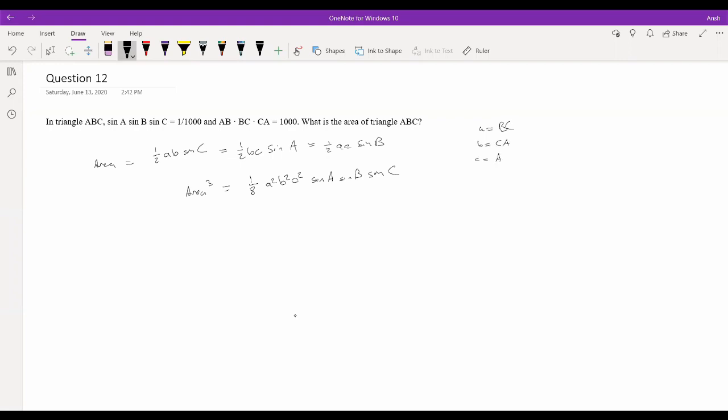So this becomes 1/8 times 1,000 squared, since it's the product of the 3 sides squared, and then times 1 over 1,000. So we get that the area cubed is equal to 1,000 over 8, which is 125. So our area is equal to the cube root of 125, which is just 5.